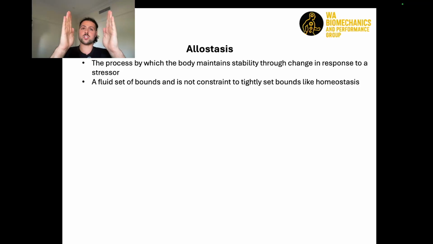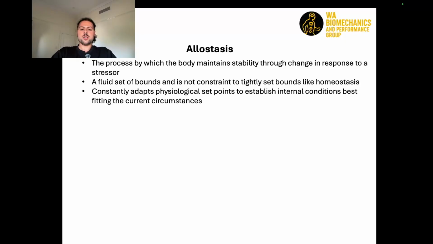If we've got homeostasis here, it will not change those bounds. Allostasis, on the other hand, has bounds that will move, and they will move in reaction to the stimulus or stimuli that are coming in, so that the organism can actually thrive in that environment. So we're trying to match the stimulus and the organism together to really thrive.